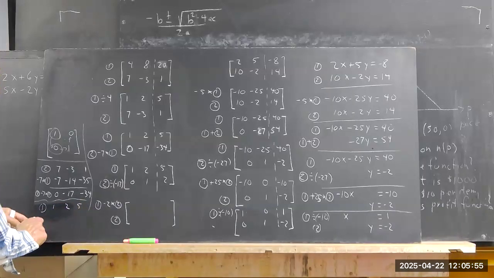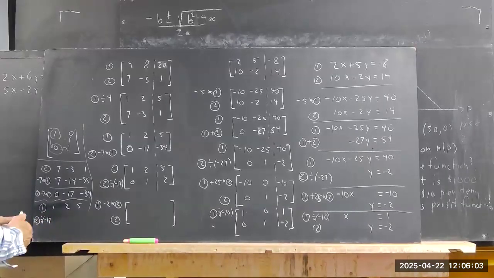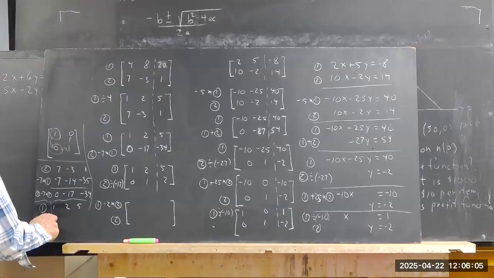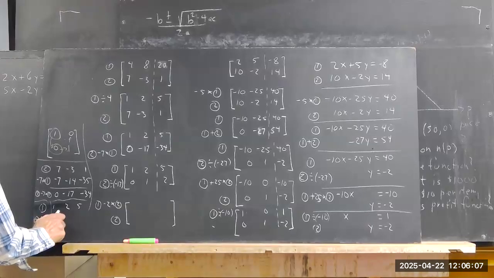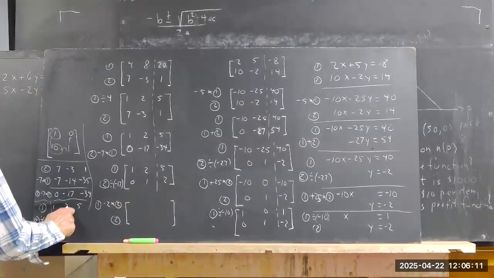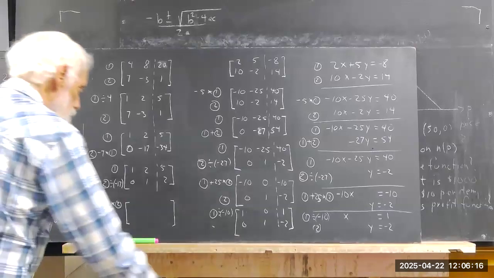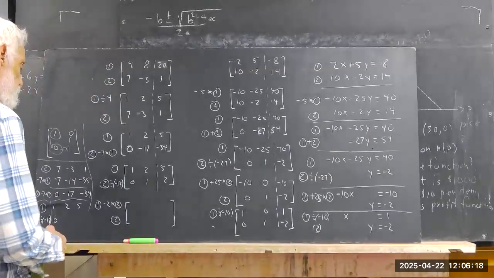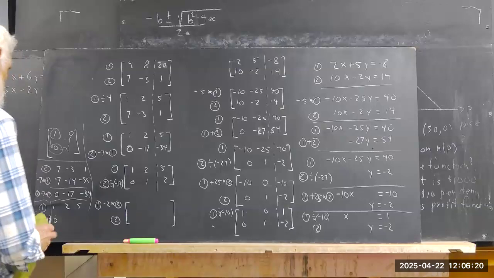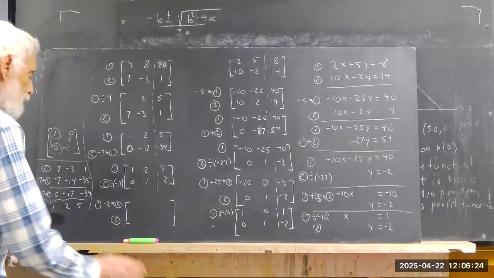We write down row 2 divided by -17. No. So let's try once more.